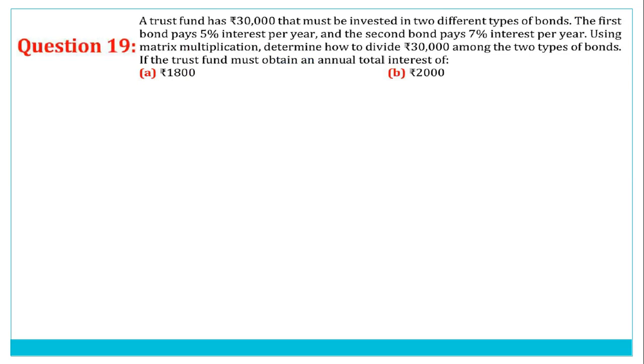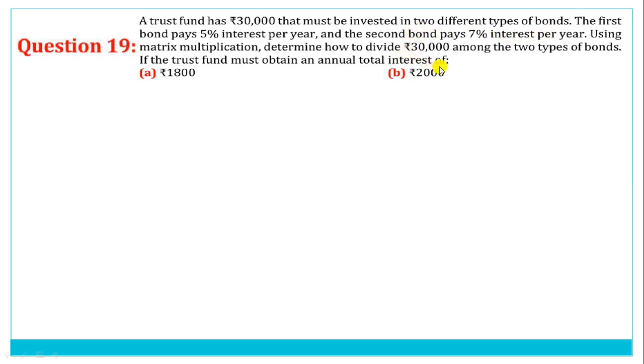Let's move on to our last question here. We have a trust fund, and the trust fund has 30,000 rupees, and that money must be invested in two different bonds. Okay, so on the first bond you are getting a 5% interest rate every year, and on the second bond you are getting a 7% interest rate every year.